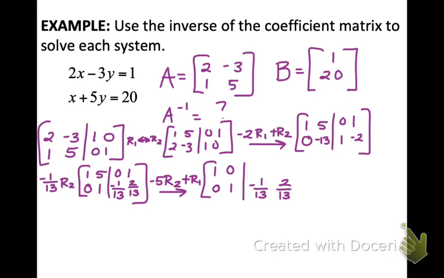I'm going to use my calculator, got to turn it on. Negative 5 times negative 1 over 13. I don't know why I'm doing that, because I'm just adding 0. That was silly of me. So what is it, 5/13? And then the next one would be negative 10/13 plus 1, which is 3/13.